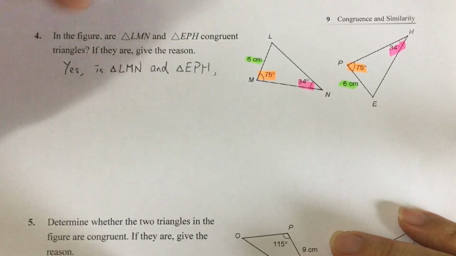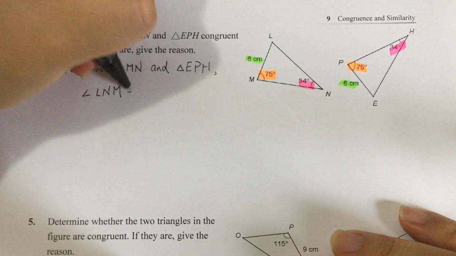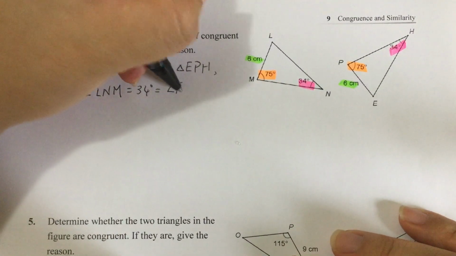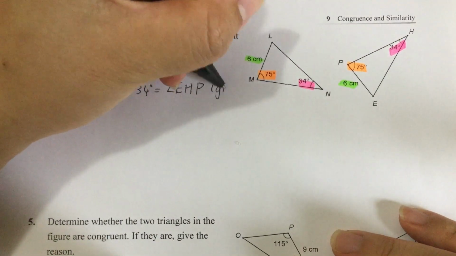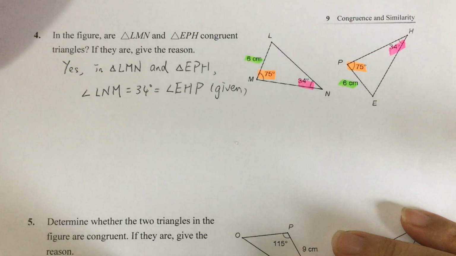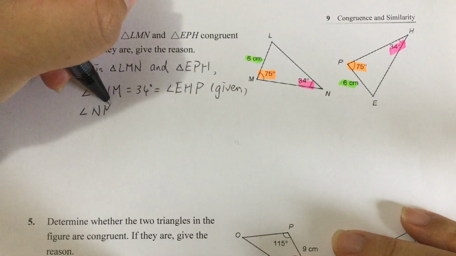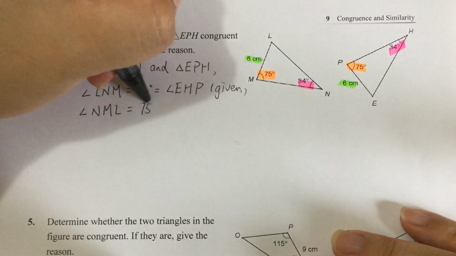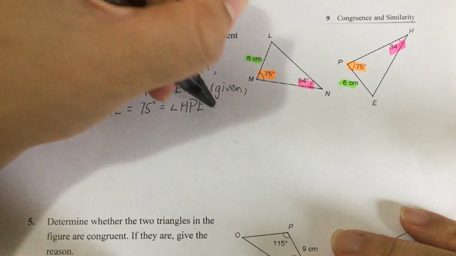Okay, now first of all, angle LNM will be equal to 34 degrees, equals angle EHP. Okay, so this one is given for the first part. And the second part of it, we will have the 75 degrees. That one is angle NML, or even LMN. That means this will be 75 degrees, equal to angle HPE, given.